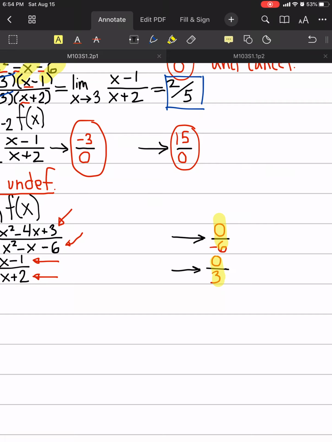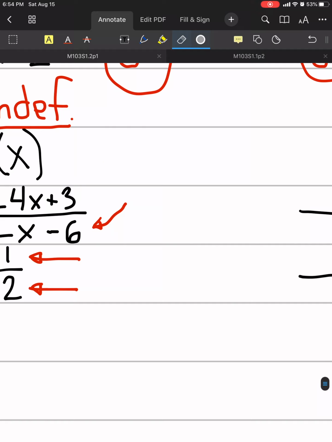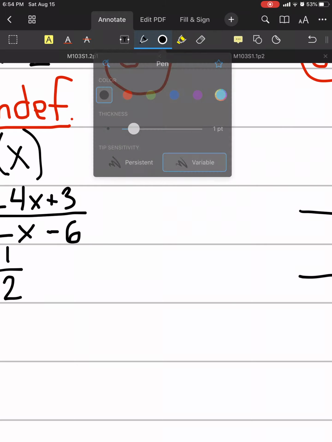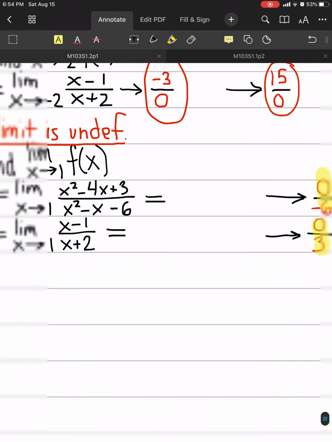Well, what does it mean if we take a fraction and have 0 on top and some other number on the bottom?